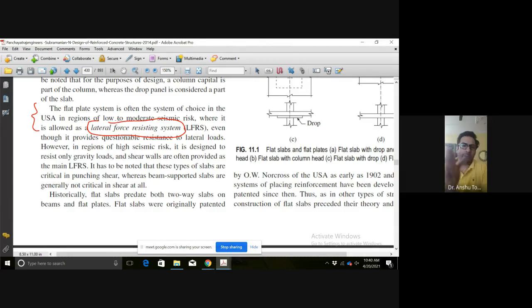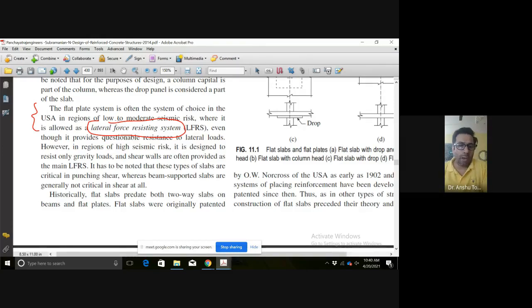Because in-plane flexural rigidity of the members is very less, as we are using only slabs for EI, that is flexural rigidity. Whereas in traditional RCC frame system, we have beams which have quite good in-plane flexural rigidity.